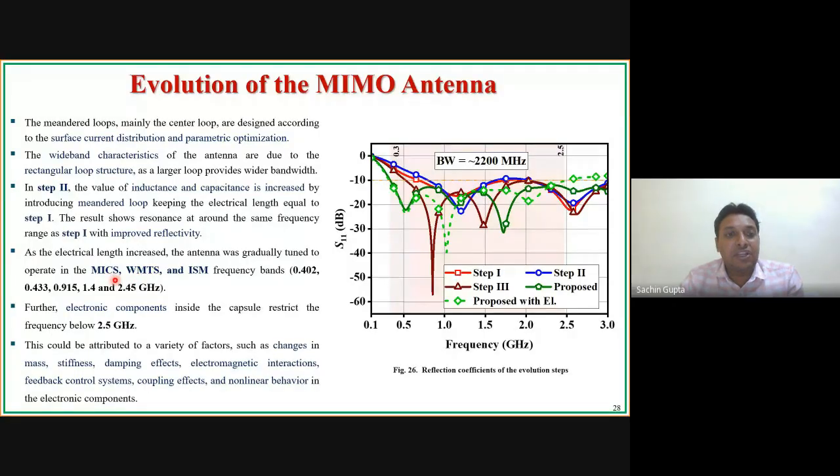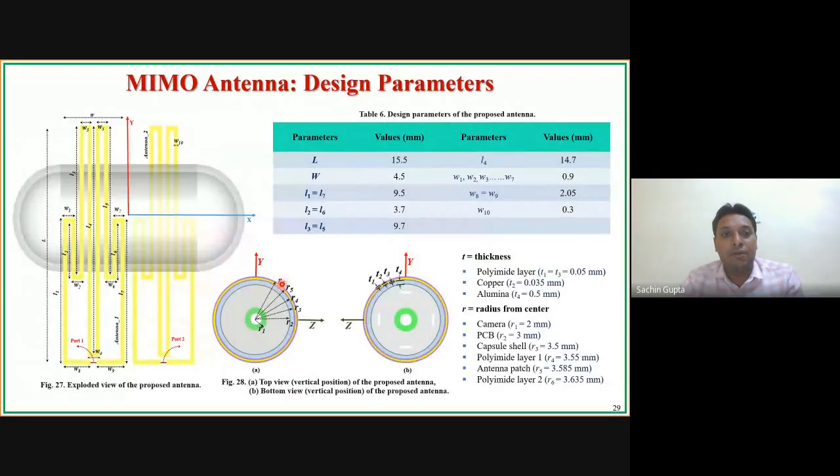And again, it is working at MICS, WMTS, and ISM frequency bands. So basically, it is covering all the frequency bands which have been assigned for biomedical applications. This is an exploded view of the MIMO antenna system. Again, the dimensions are given here. This is the top view and the bottom view. It is quite similar to the SISO one.